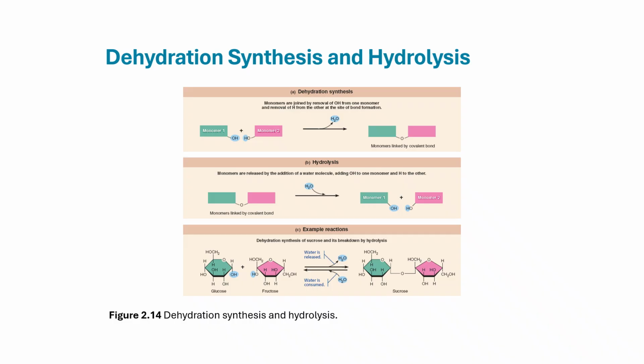So in this situation right here, dehydration synthesis, monomers are joined by removing a hydroxyl group, symbolized by the OH, from one monomer, and removing a hydrogen ion from the other monomer. This creates a water that is released from those.